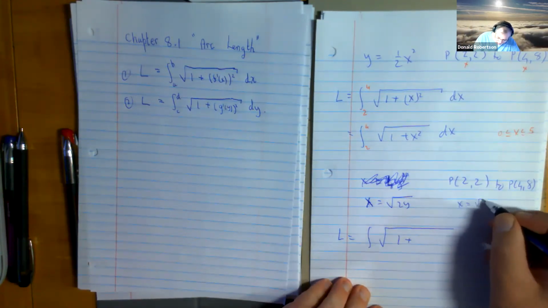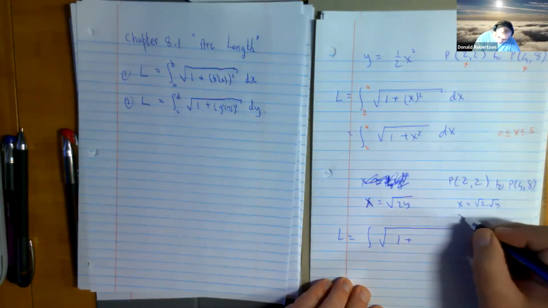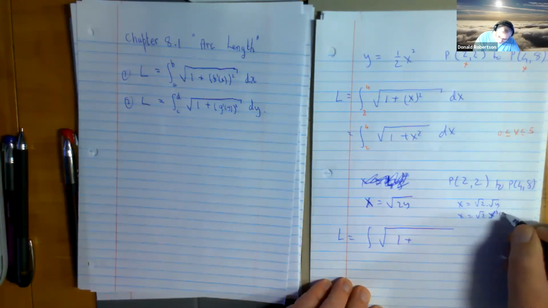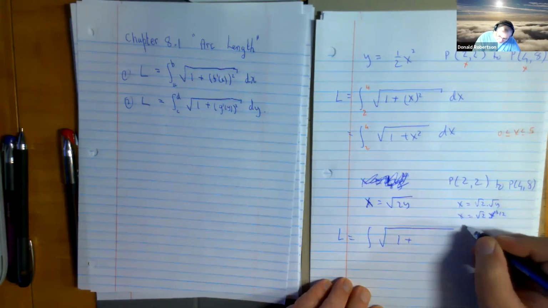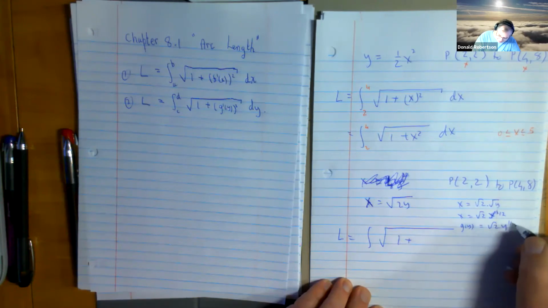I would actually separate that out as the square root of 2 square root of y. That would allow me to call it that. So my g of y would be that.